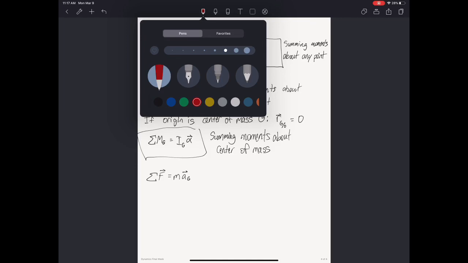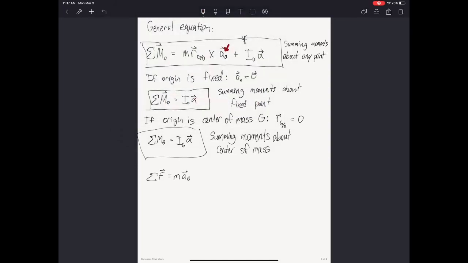It is mathematically the same as the equation on top, and for that reason you can sum the moments about any point you want to. It is m r_G with respect to O cross the acceleration of not point O, but point G. That's convenient, plus the moment of inertia about point G times alpha.